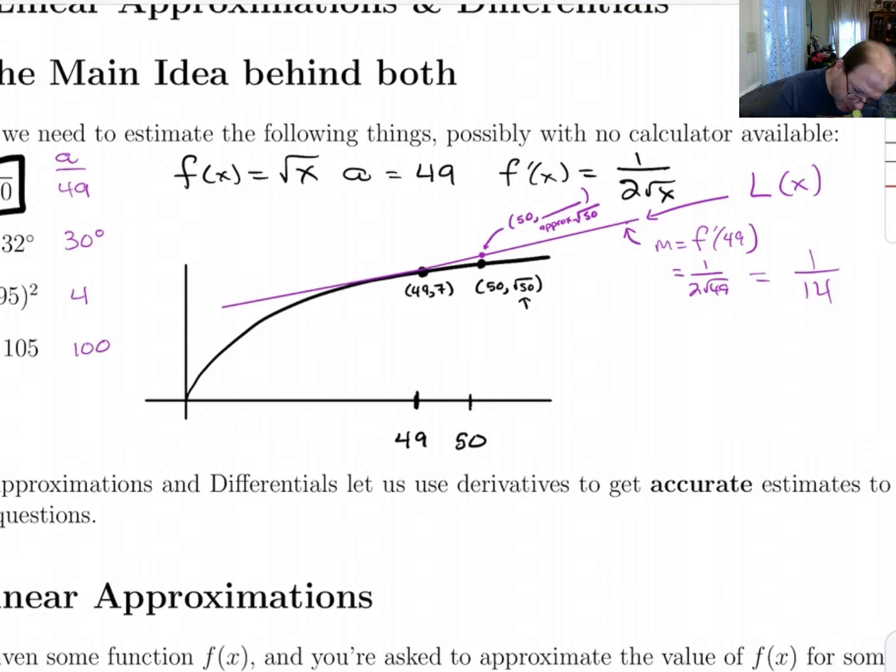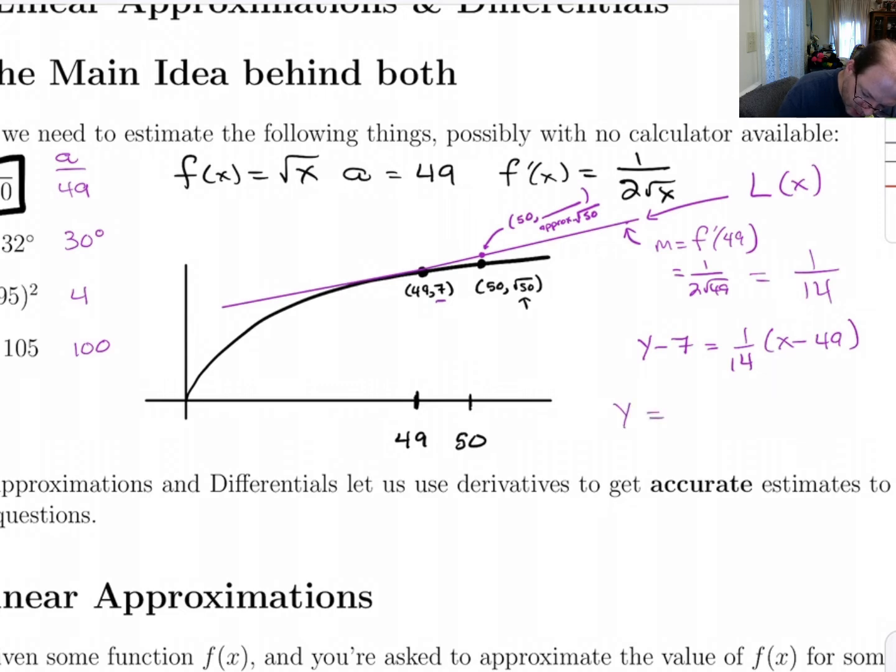So let's work out the equation for this L of x. Let's not call it L of x just yet. For this line, we've got y minus y1 is the slope times x minus x1, which is 49.